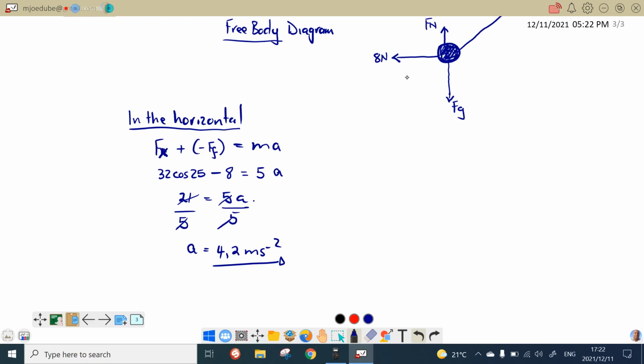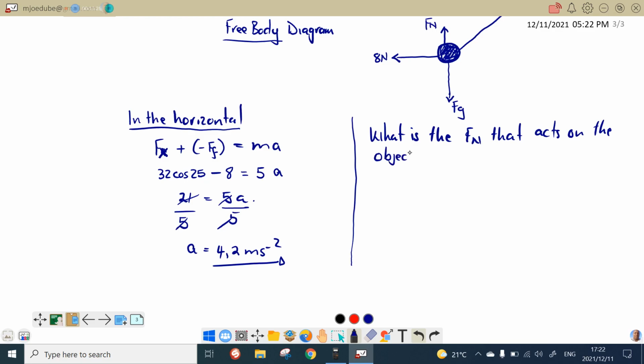So it's in the horizontal plane. And if you were then asked something like, what is the normal force Fn that acts on the object, or is experienced by the object? These are forces on the vertical plane.